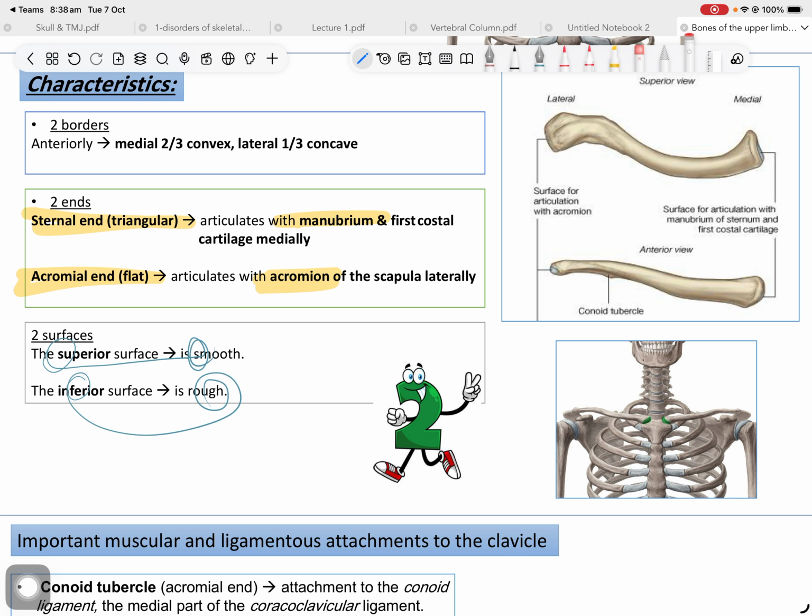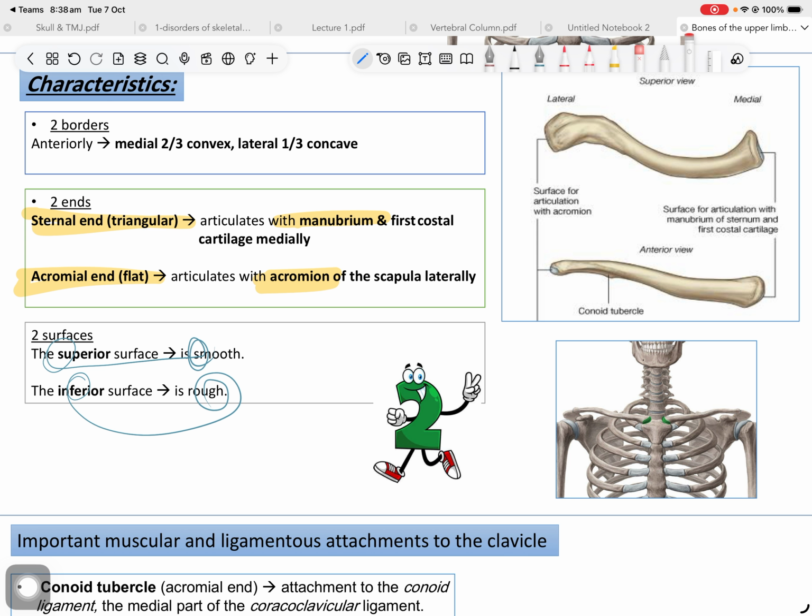Then we have the borders. I have here the anterior border, and this is the posterior border. When we look at the anterior border, the medial 2/3 is convex, while the lateral 1/3 is concave, okay? So according to this transition here, this bone is an S-shaped bone.